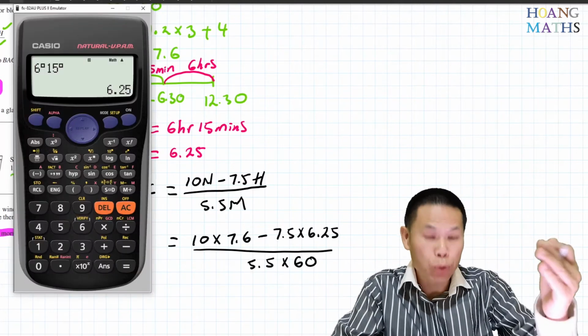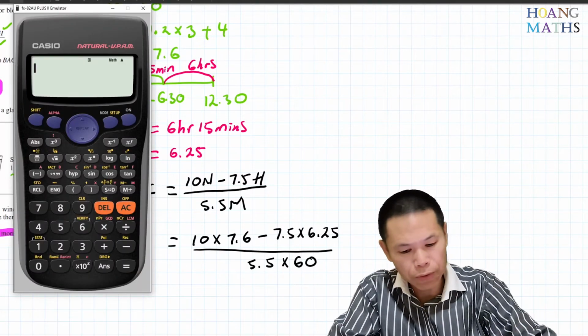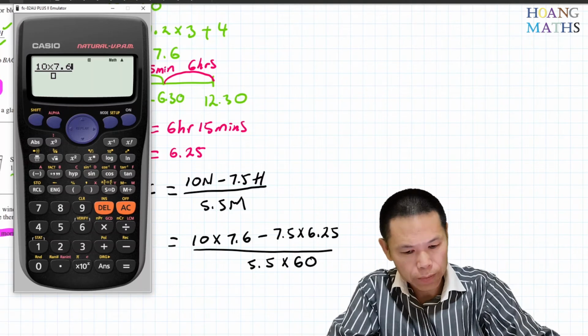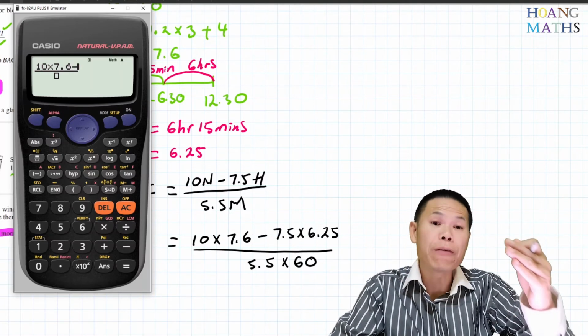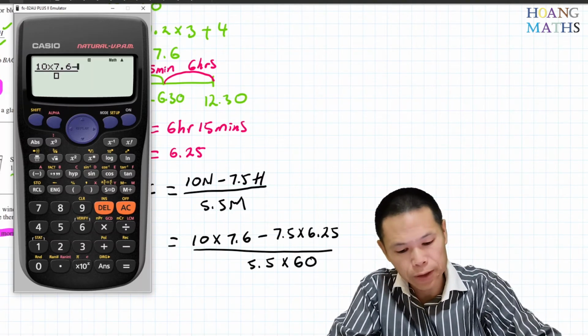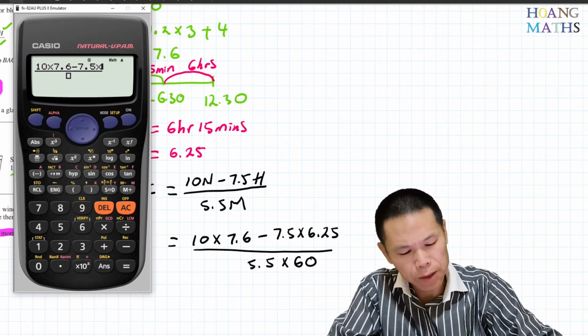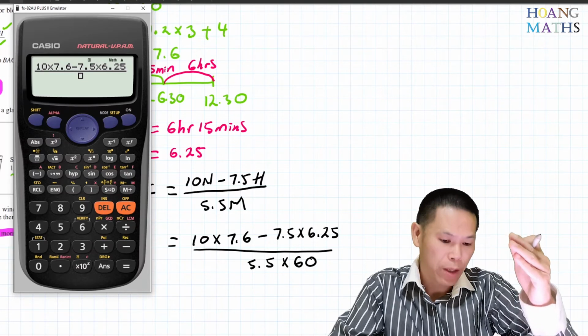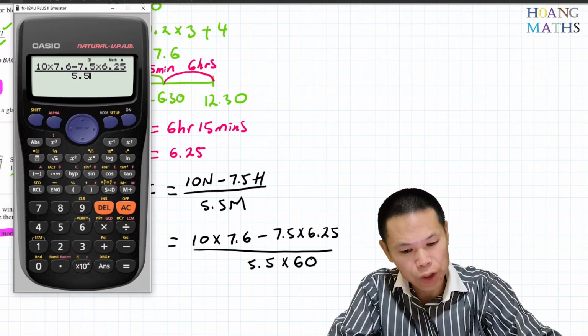So now I just put that in a calculator. I put fraction, 10 times 7.6 minus 7.5 times 6.25, and then we divide by 5.5 times 60.